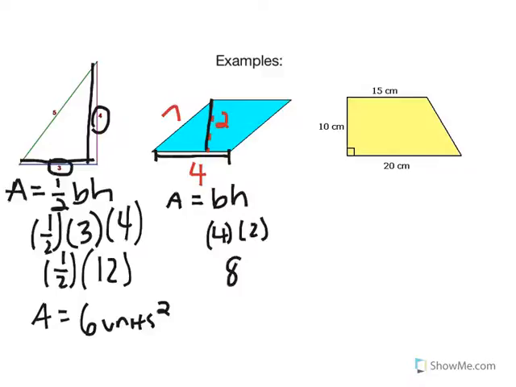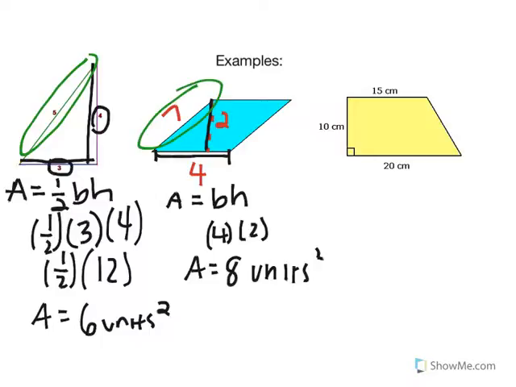So 4 times 2 is 8 units squared is our area, okay? So as I showed in the triangle and the parallelogram, we do not use this side or this side. These diagonals, we do not use those for our base and our heights, okay? Just know that.